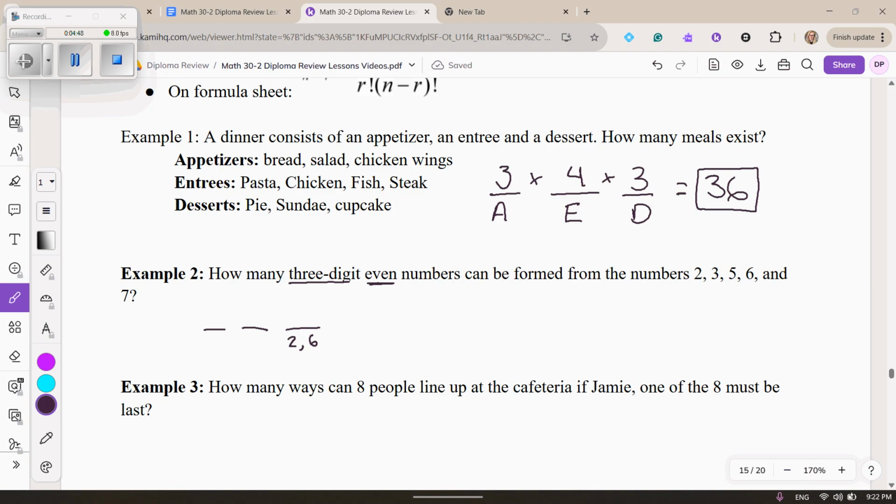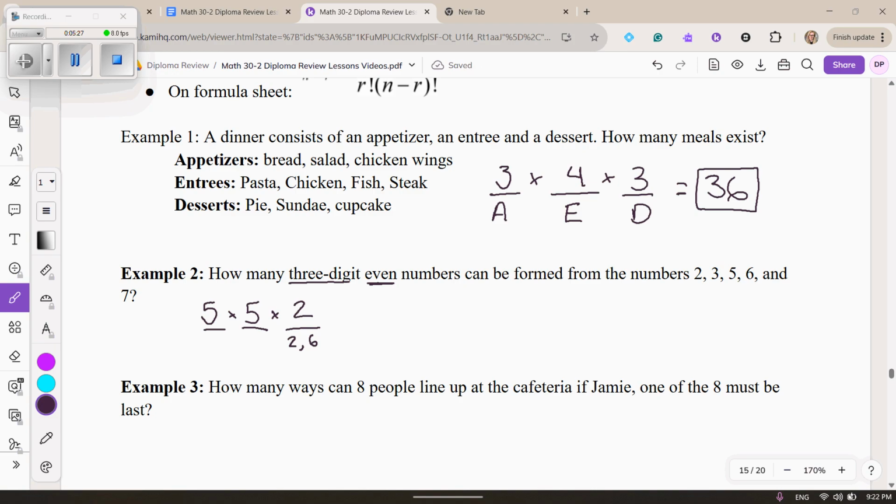And what goes up top is 2 options. Just like there were 3 desserts, we have 2 options for that last spot. Okay, make sure you're watching for whether digits can be repeated or not. This question does not say, which means we assume that they can be repeated. So after that, I have 5 digits total for the first one and 5 options for the second number.